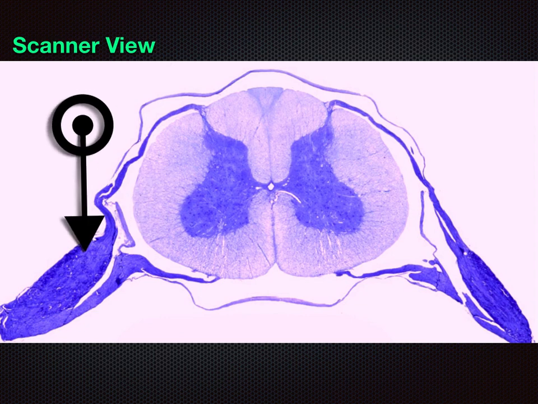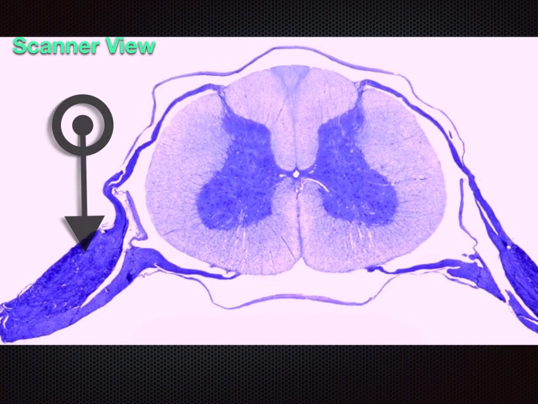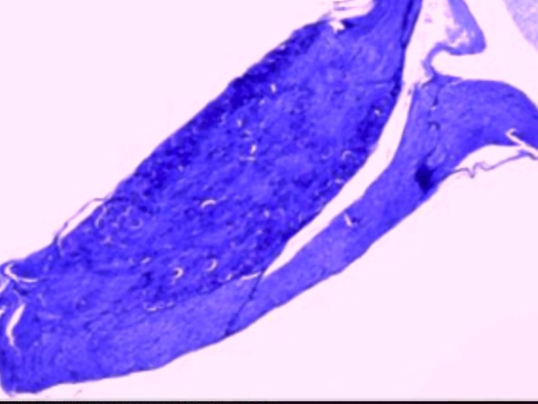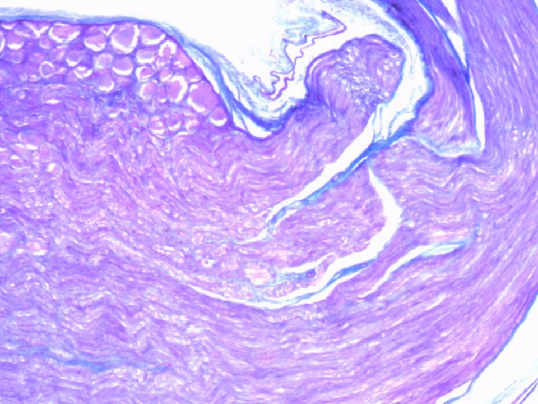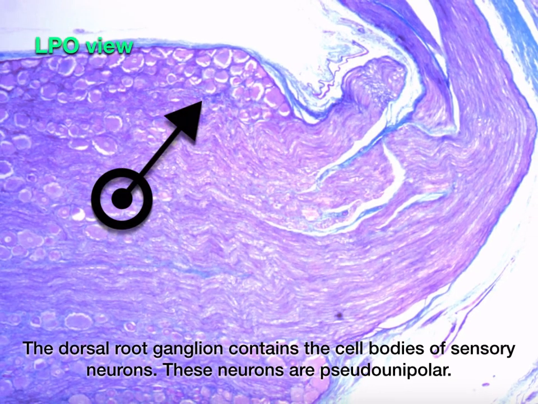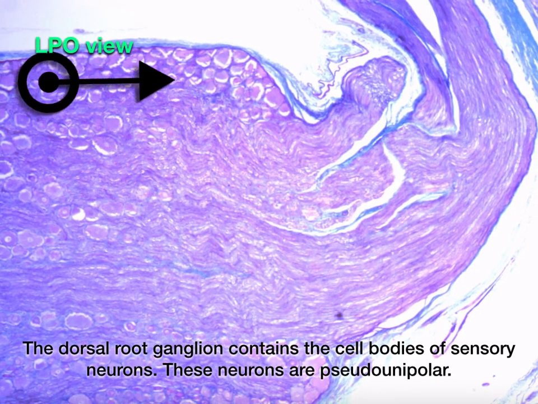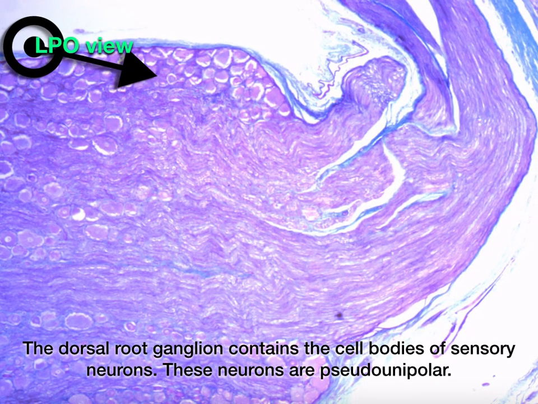The dorsal root ganglion lies beside the spinal cord. The dorsal root ganglion contains the cell bodies of sensory neurons.